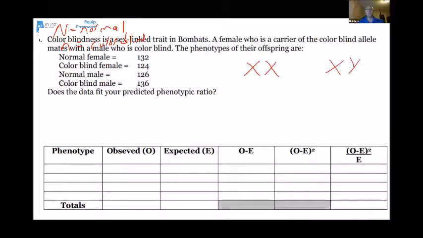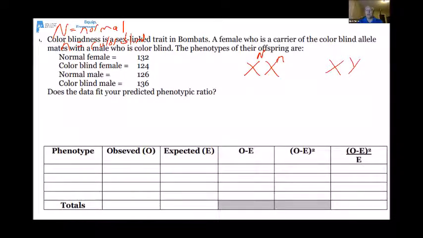And typically the way that you do this when you're dealing with an X-linked trait is you use these n's as superscripts on the sex chromosomes. So my female is a carrier. That means one of her X chromosomes has a normal vision gene. The other one, though, is carrying a colorblind gene. So that's my female.